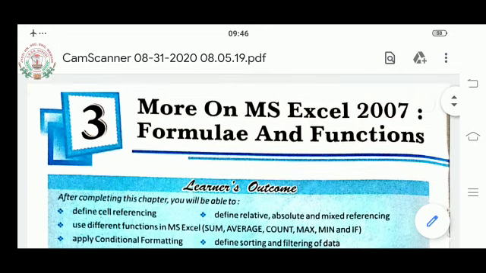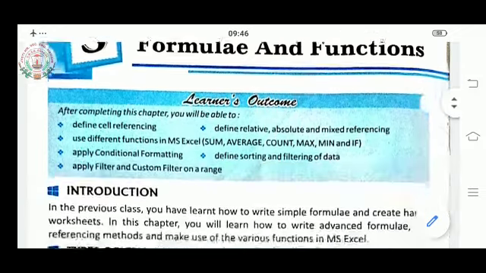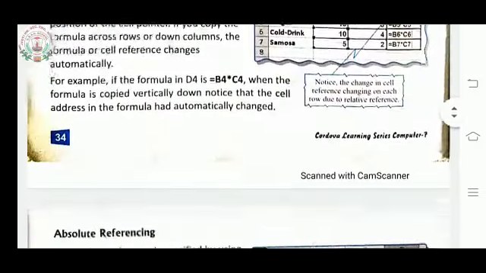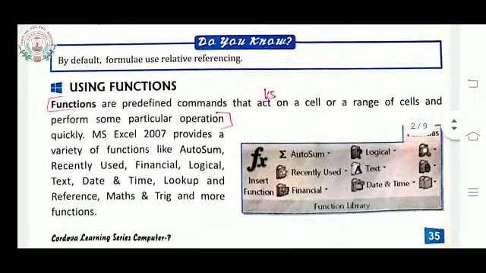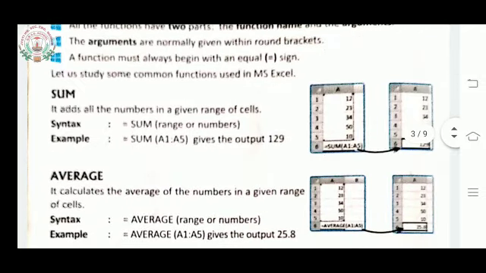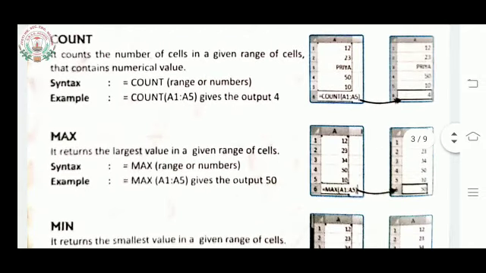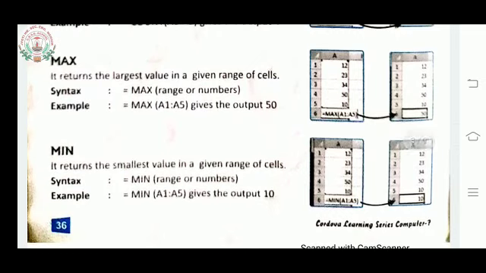We have already started chapter 3, which is on MS Excel 2007, its formulas and functions. Some of the formulas and functions we have already seen: the functions sum, average, count, max and min, and how we are going to use them, along with their syntax.